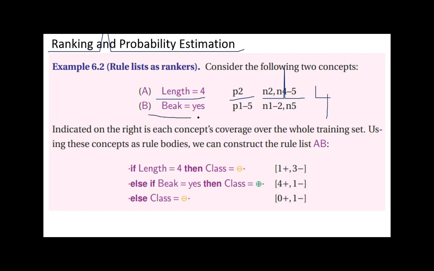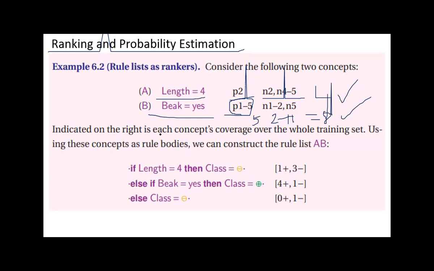Now, if I say bake is equal to yes, it covers positives 1 to 5, all of P1 to P5 are being covered, and it covers N1, N2 plus 1. That is totally 8. This covers 4, this covers 8.